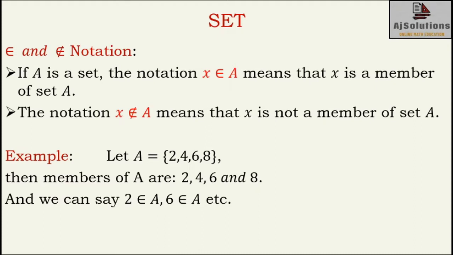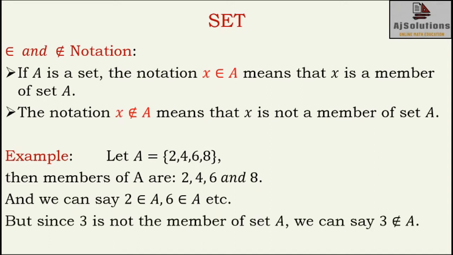So we can say 2 belongs to A, 6 belongs to A, 8 belongs to A, etc., because they are members of set A. But 3 is not a member of set A, so we can say 3 does not belong to A. We can say 5 does not belong to A because 5 is not a member of A. So belongs to is basically for saying something is a member of that set, and does not belong to we use for saying something is not a member of the set.